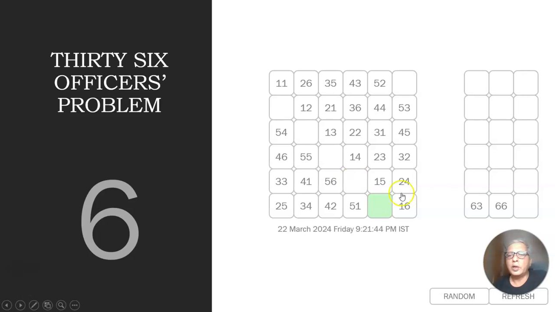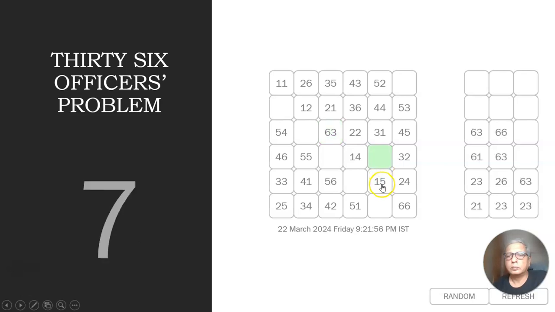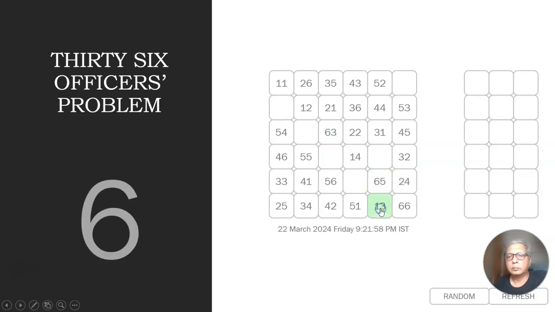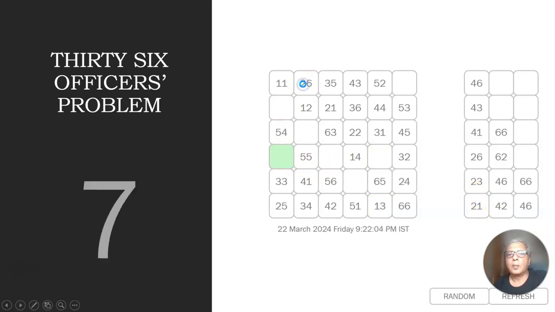Now let me do some trial and error to see if I can reduce the number further. Still the number of blank cells is 7.